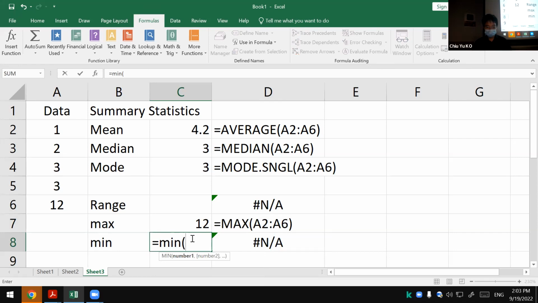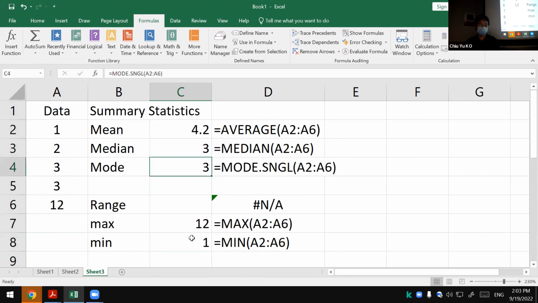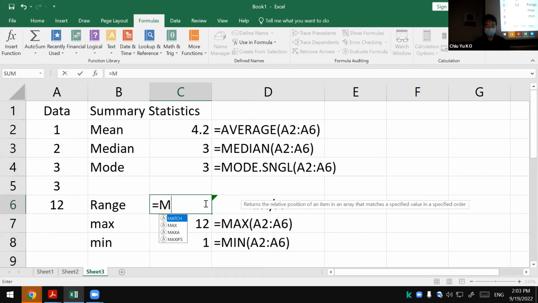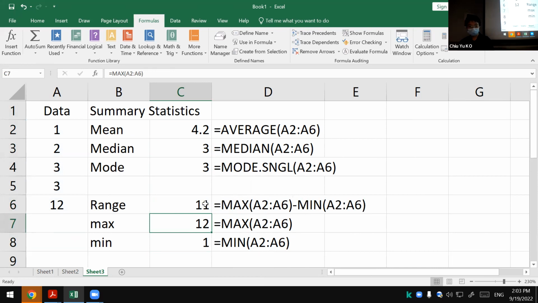Minimum A2 to A6. So that's how you get the maximum and minimum. And range will be simply max A2 up to A6 minus minimum A2 up to A6. So that is how you can get the range.